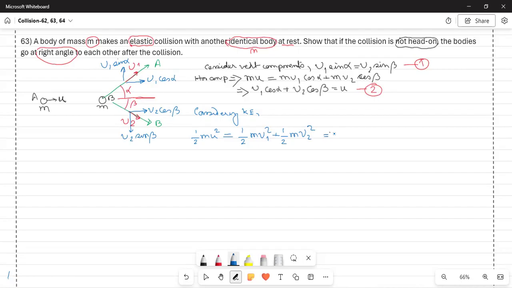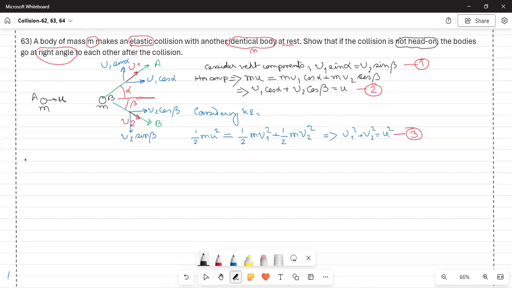From here we get u square is equal to v1 square plus v2 square. This is relation 3. Here are the 3 clear relations we have got.